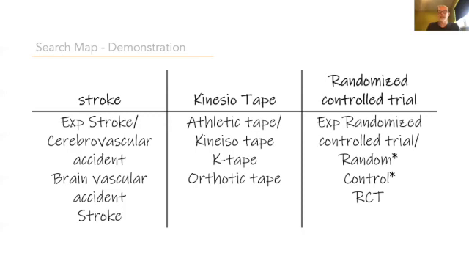Even when the phrase randomized controlled trial hasn't been used, it can be a good indication that the article is about randomized controlled trials if those words appear in the title or abstract, especially in articles where the subject heading has not been applied. RCT is an acronym that can also be included in the search.